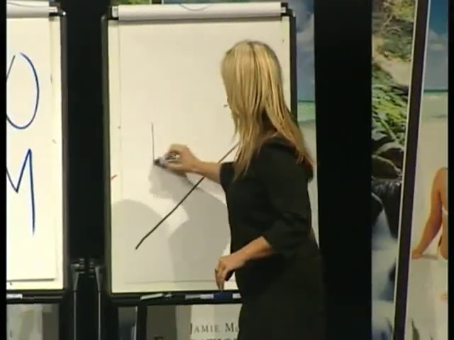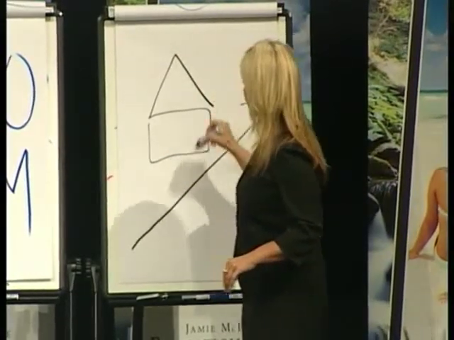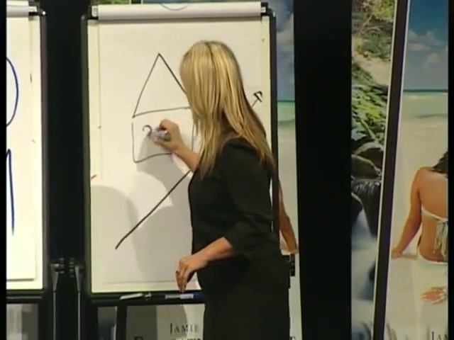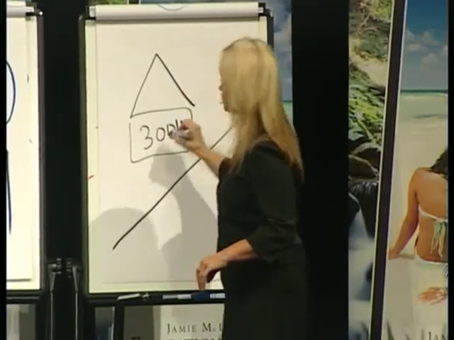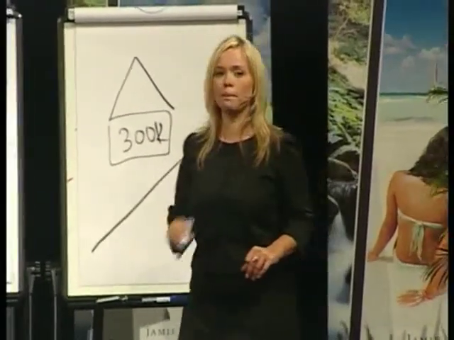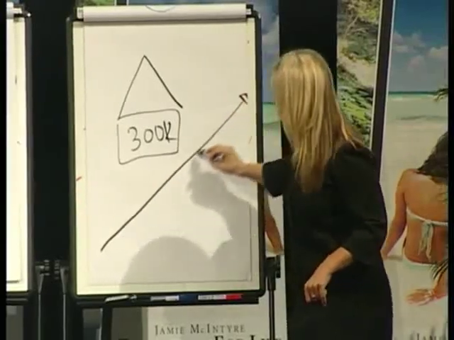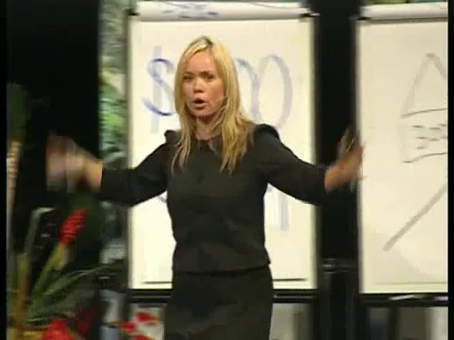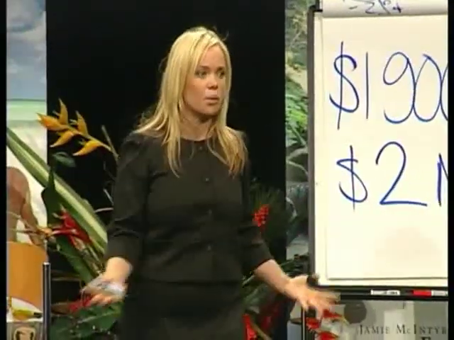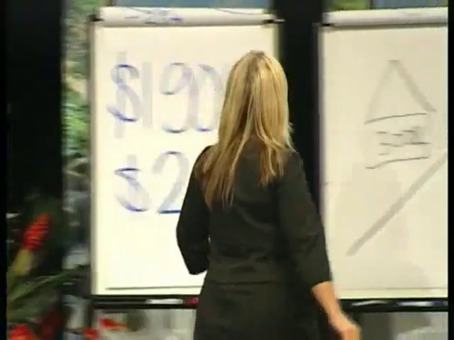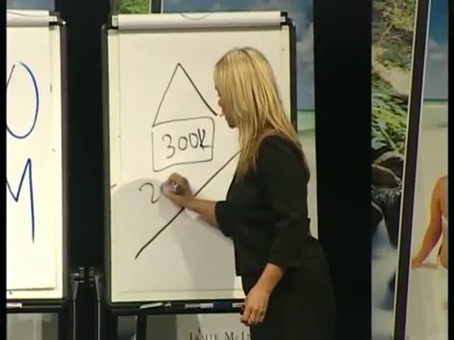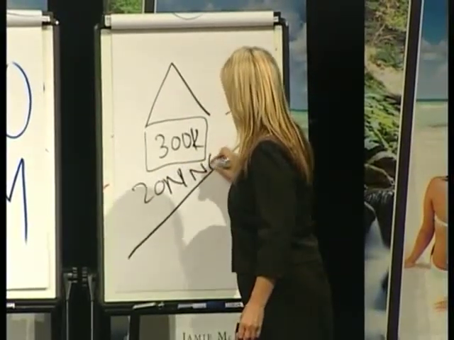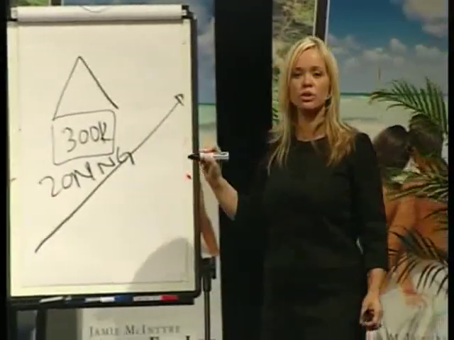So the average Joe who owned a house, and he bought that house for $300,000, and then a few years went past and the market kept going up, and building was going on everywhere and developments were going on everywhere, and southeast Queensland was exploding, and the Gold Coast continued and Brisbane continued. So what did the council do? They started to change the zonings of areas to keep up with the demand.